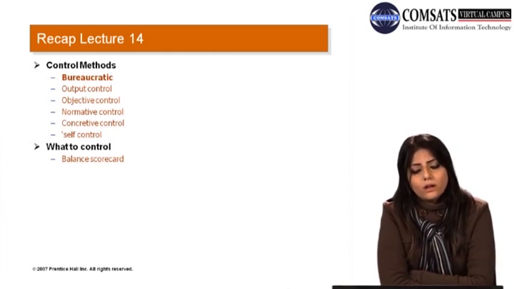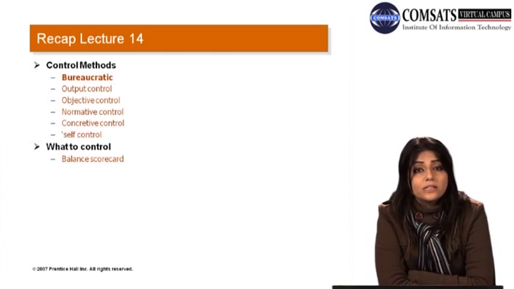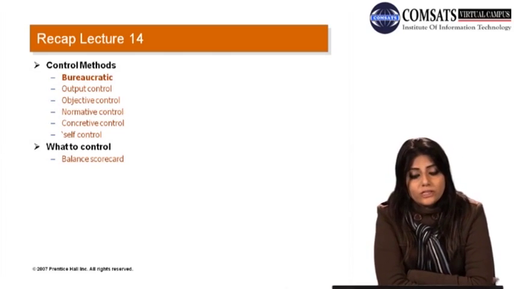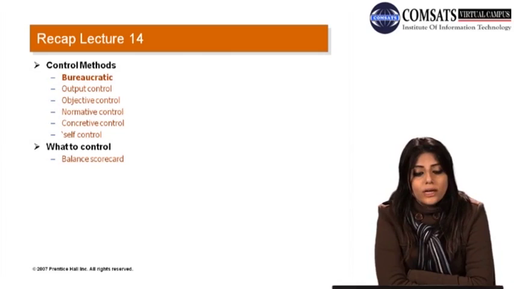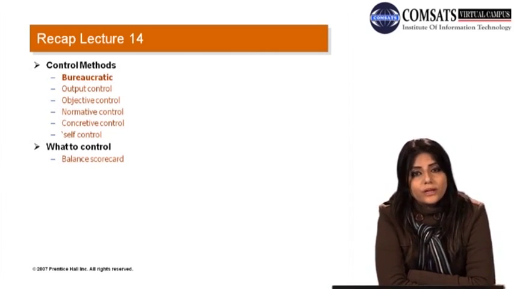The other style we discussed was the output control, where instead of the rules and other stuff, you are emphasizing the output, the performance, or the outcome of the effort. Output control is more or less related to objective control, wherein you are measuring the objective outcomes.